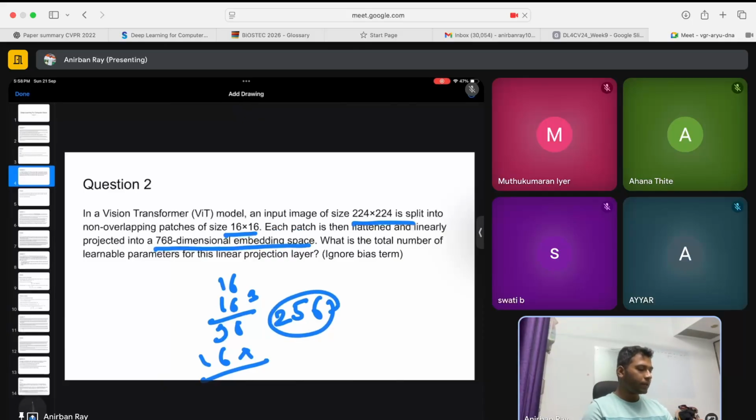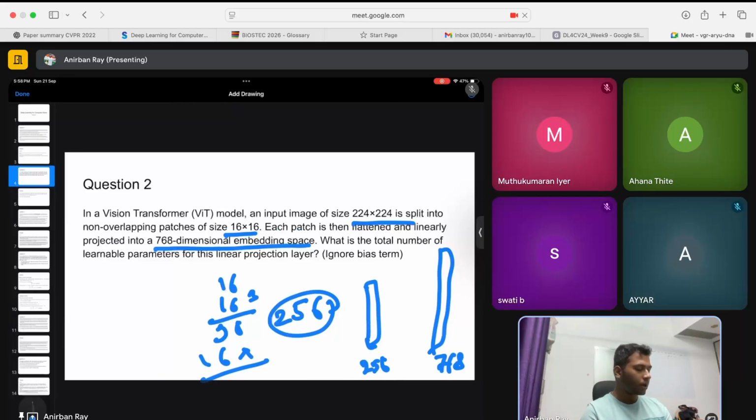So this 256 dimensional vector we have here has to be transformed into a 768 dimension. Okay, you understand?